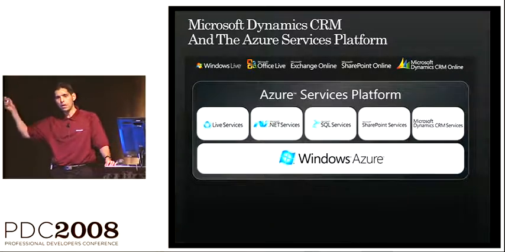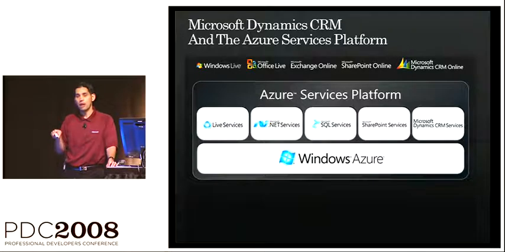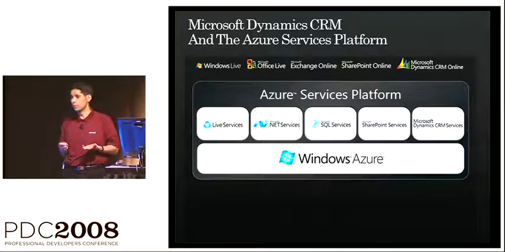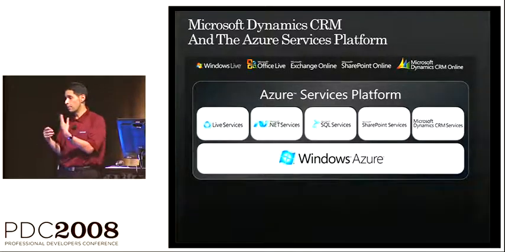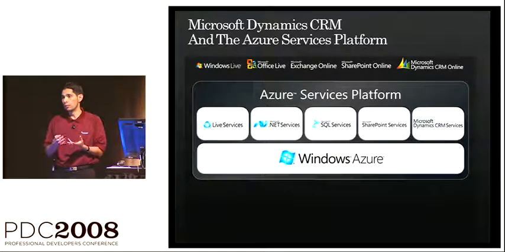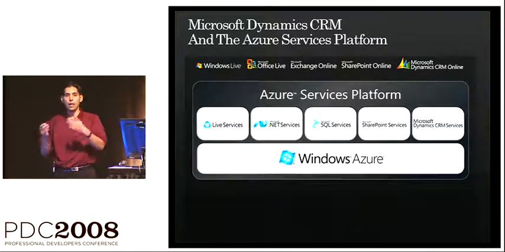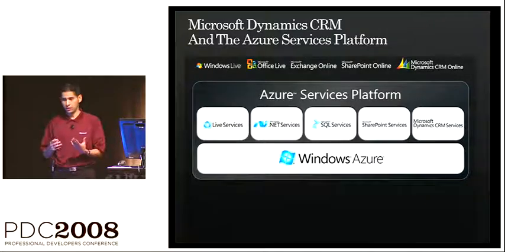It's Dynamics CRM Online, but we are also a building block service, developer service. And that's because, as we just demonstrated during this presentation, you can take advantage of CRM outside of the traditional customer relationship management, but more as a platform. And you can not only do that, but combine that with other cloud services.